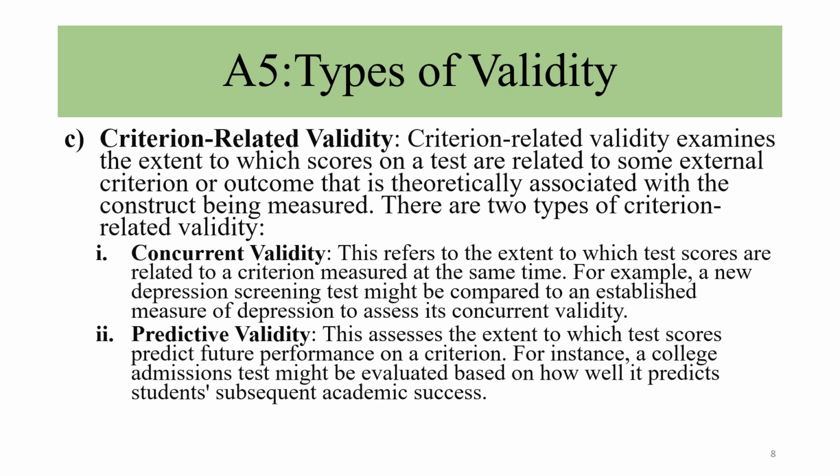There are two types of criterion validity. One is concurrent validity. This refers to the extent to which test scores are related to a criterion measured at the same time.